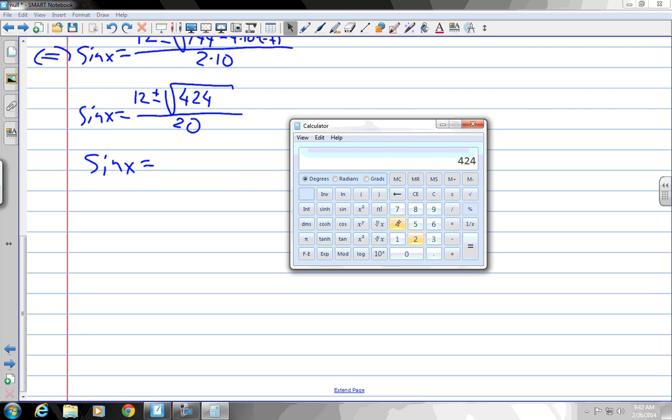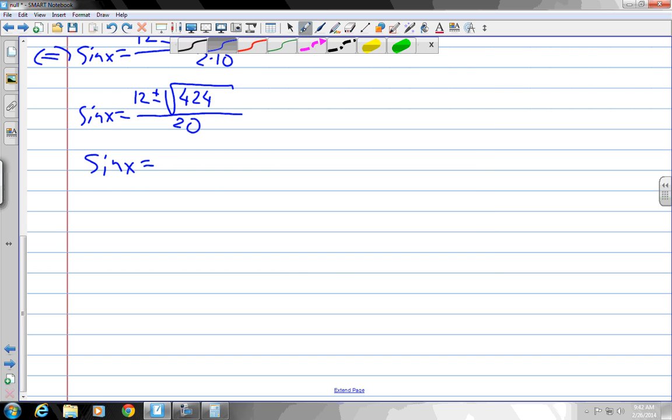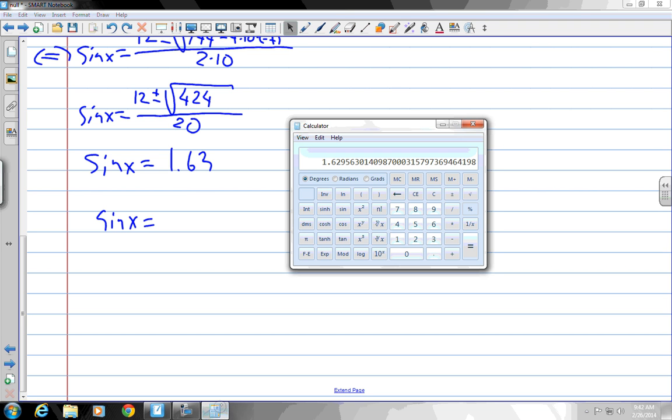The square root of 424 plus 12, that's my numerator, divided by 20, so 1.63. And the other one, I'll do the same thing with the minus. The square root of 424, make it minus, add 12, divide by 20, so negative 0.43.